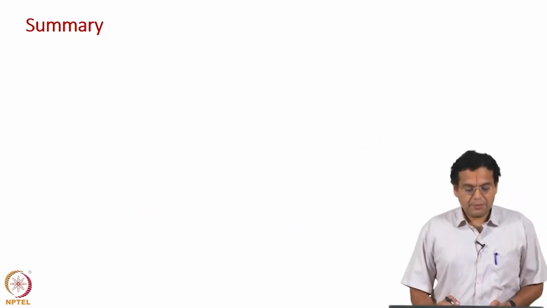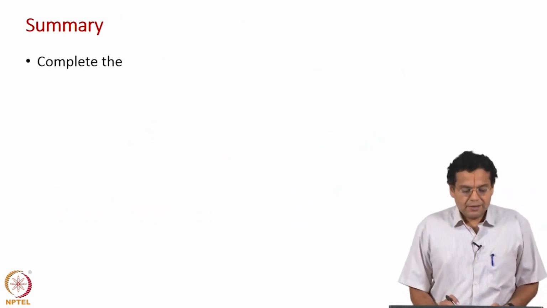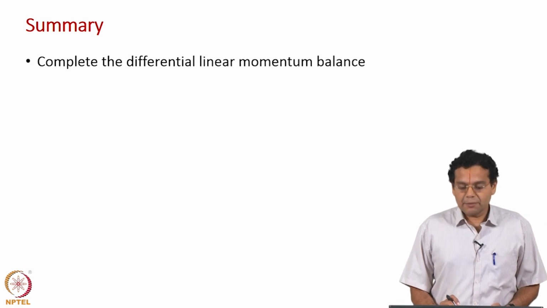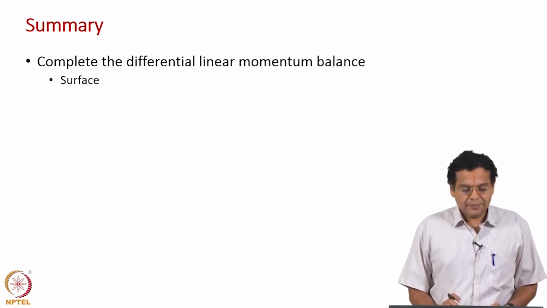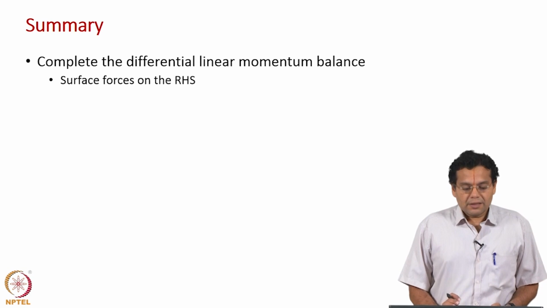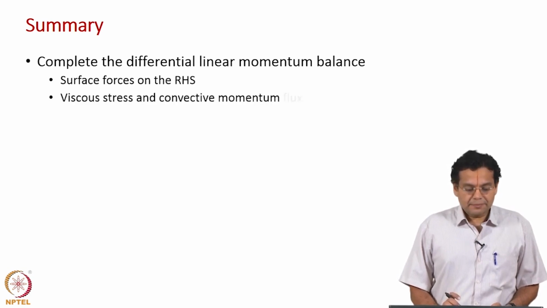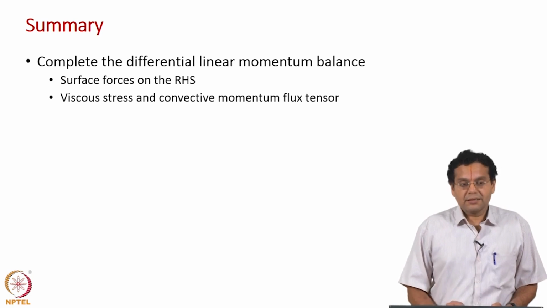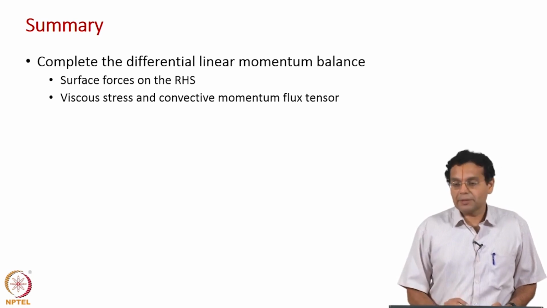To summarize this part, we completed the differential linear momentum balance on the right hand side, including the surface force due to pressure and due to viscous stresses, and we also discussed the viscous stress tensor and the convective momentum flux tensor as well.